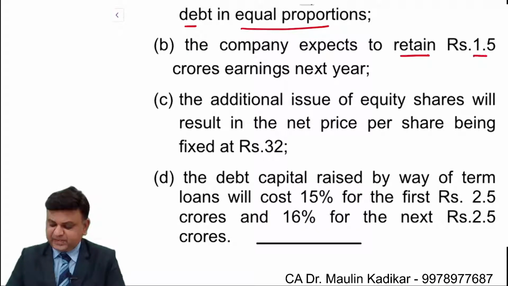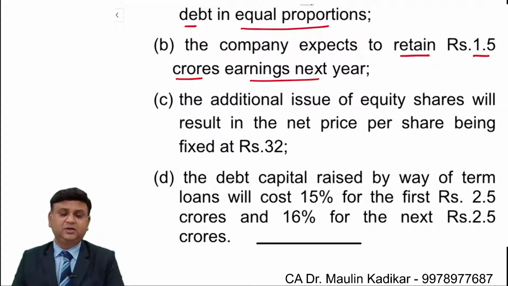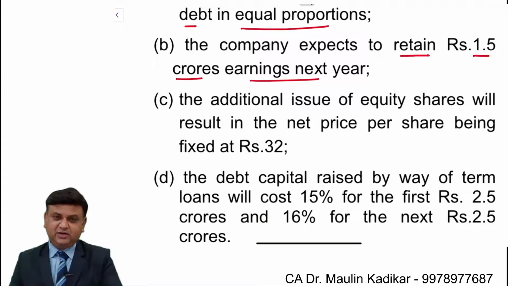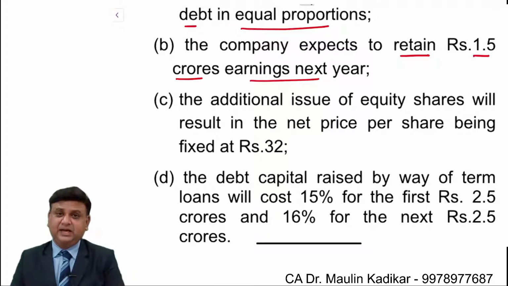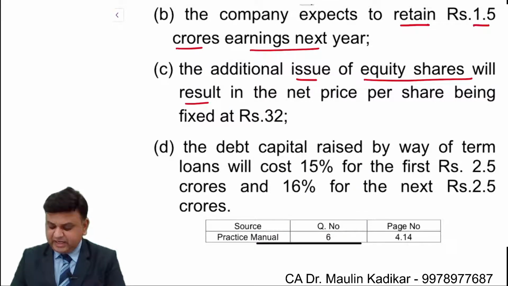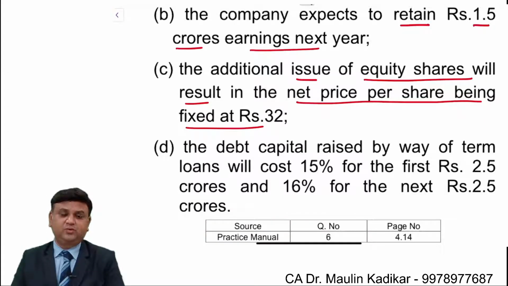The company expects to retain 1.5 crore of the earning next year. So out of 5 crore of the equity financing required, 1.5 crore will be the retained earning and the remaining 3.5 crore will be the new issue of equity share capital. The additional issue of the equity share will result into net price per share being fixed at rupees 32.